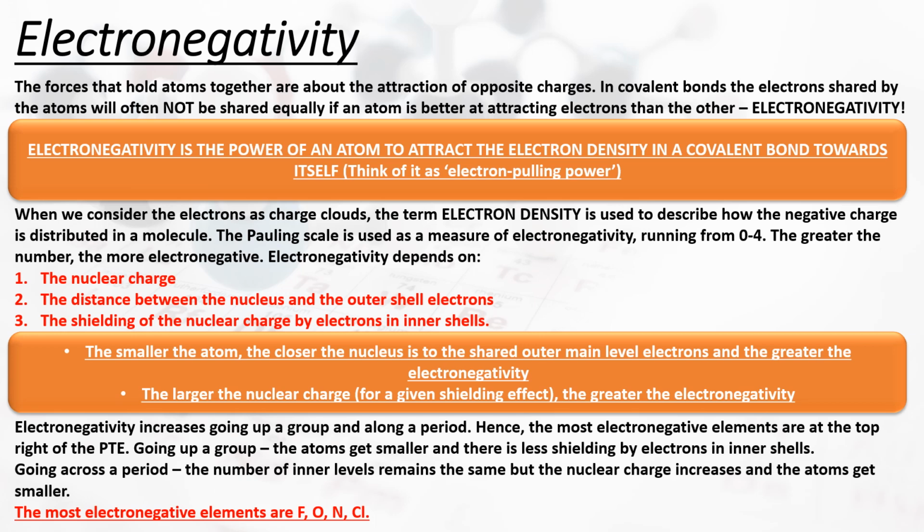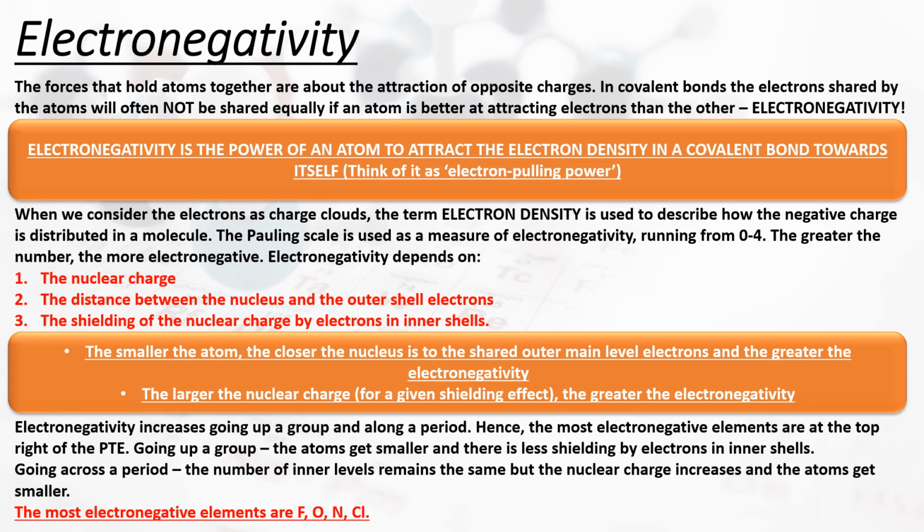And therefore, because the nucleus is positively charged and the electron is negatively charged, there's electrostatic attraction between those two, and we have greater attraction. So the smaller the atom, the closer the nucleus and the electrons are, and the greater the electronegativity, because it pulls those electrons closer in.